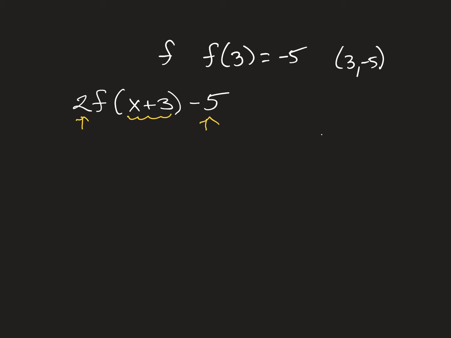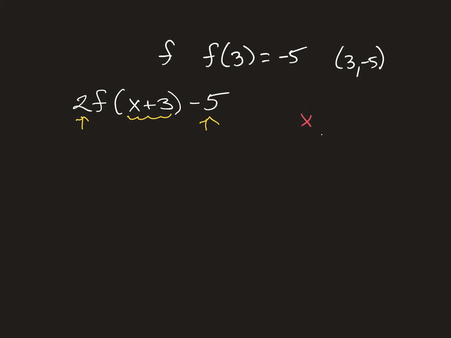So again, we only know that f of 3 equals negative 5. So when I think about the domain transformation, I always talk about, and you've heard me say, reverse order of operations. Well, the reason being, I want to ask myself in this case, what do I have to put in for x so that I'm evaluating f of 3? Because that's all I know.